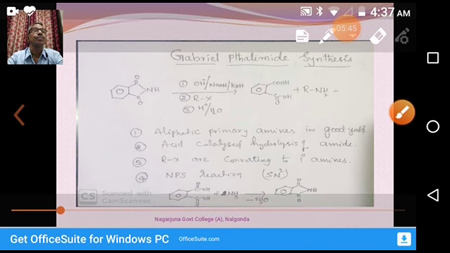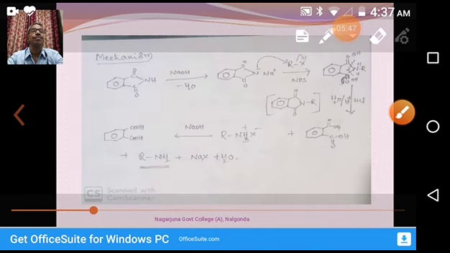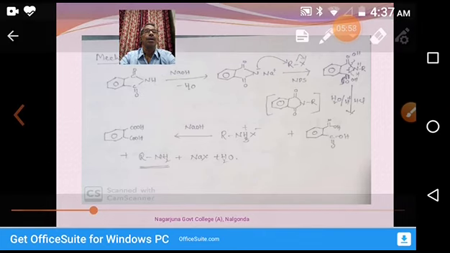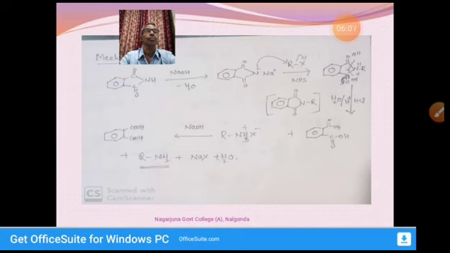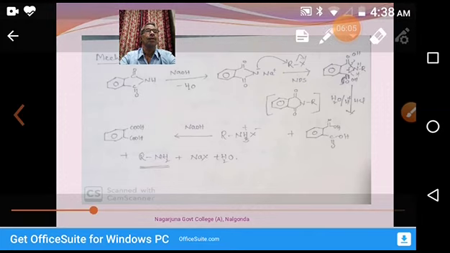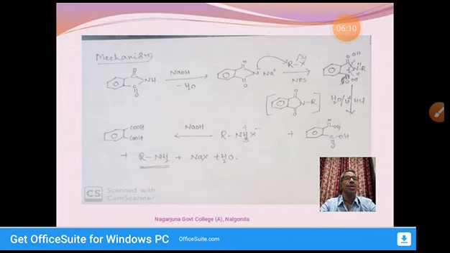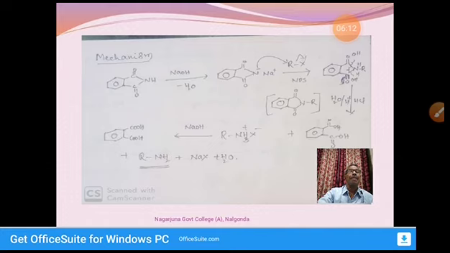Then next slide. You see, this is the mechanism for phthalimide synthesis.